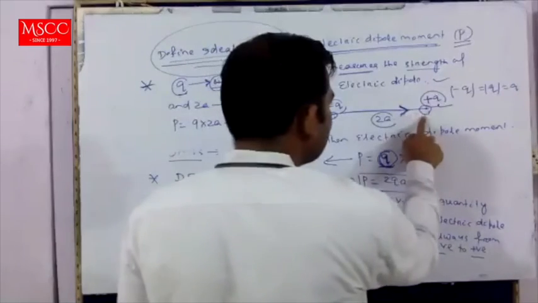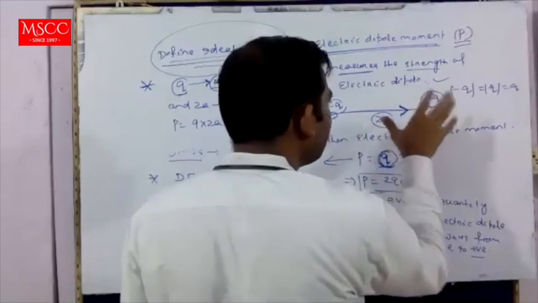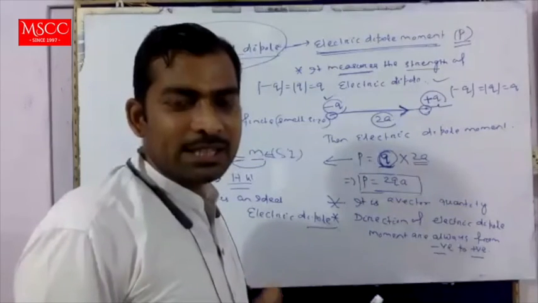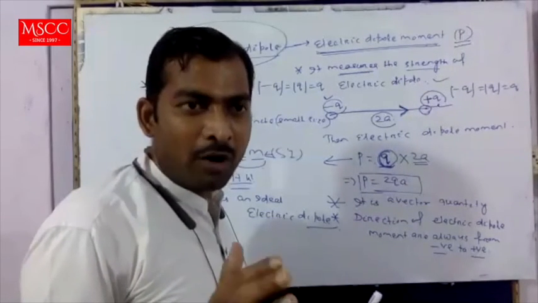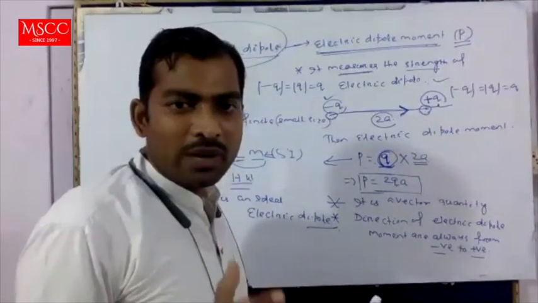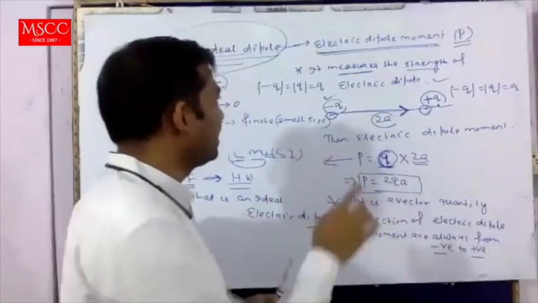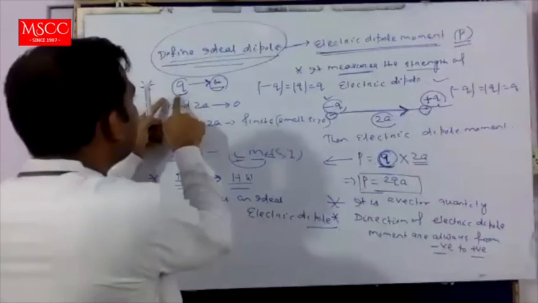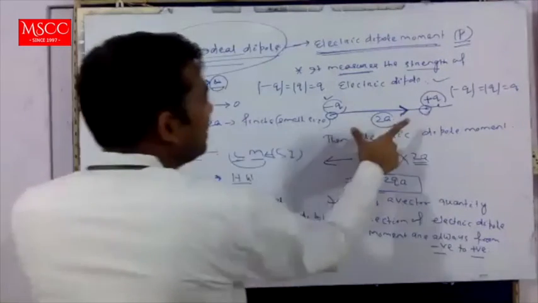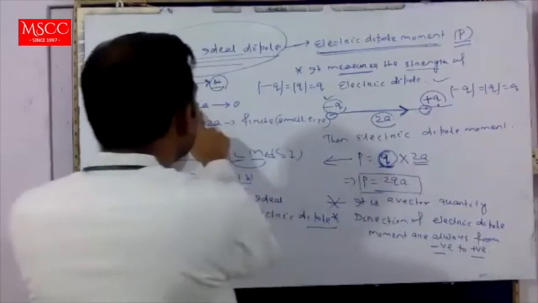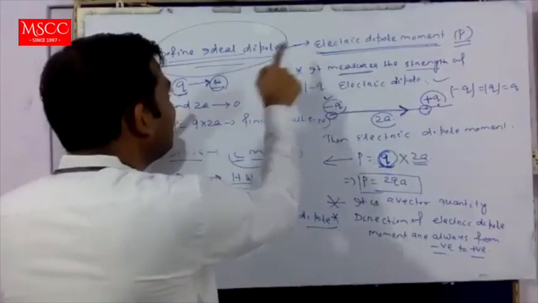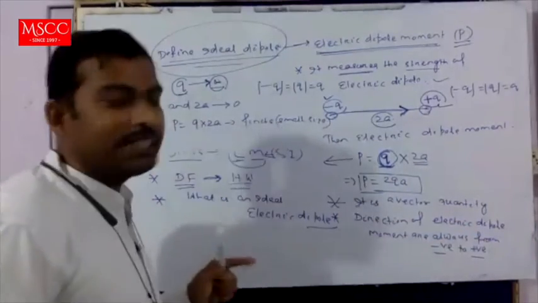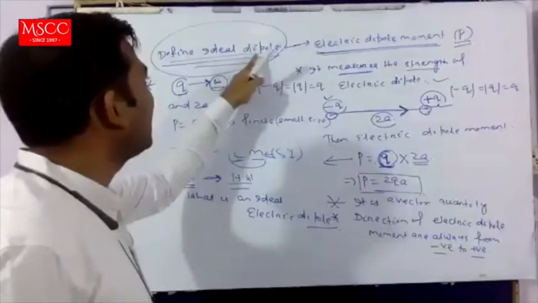A pair of equal and opposite charges separated by a small distance forms an electric dipole. Whereas if the magnitude of these two charges q tends to infinity and the distance of separation 2a tends to 0, then this electric dipole is known as an ideal dipole.